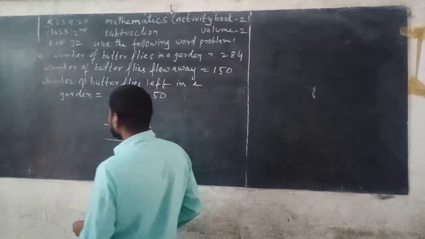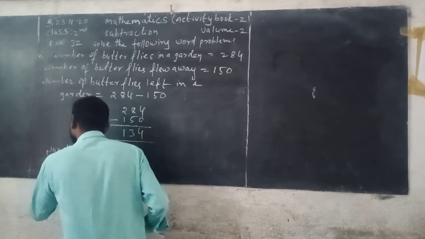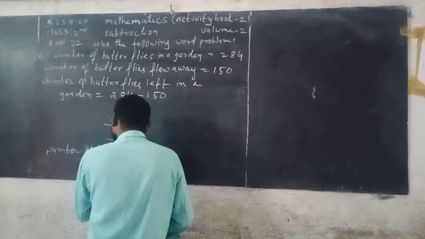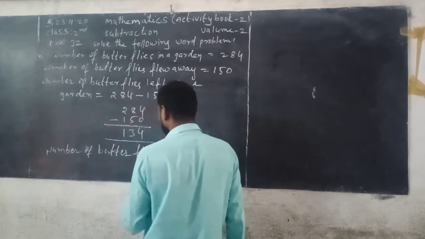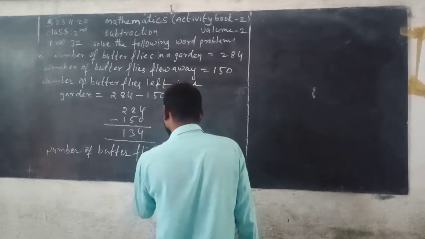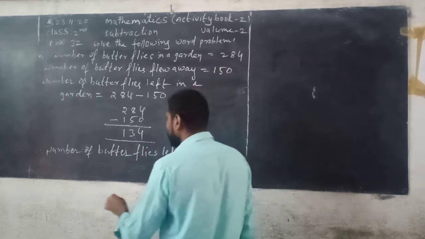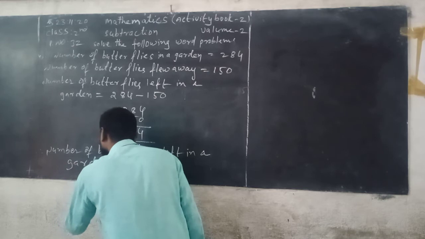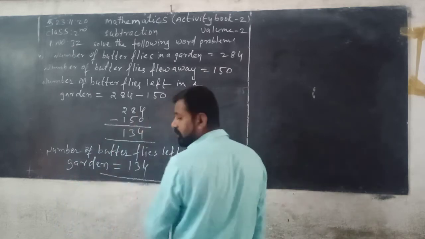So therefore, number of butterflies left in a garden, that is equals to 134. Write down everybody.